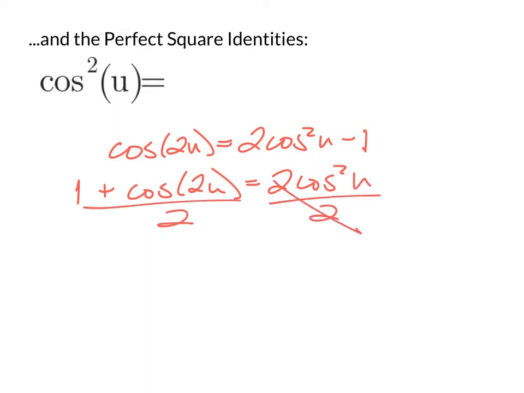And cosine squared of u is going to be 1 plus cosine of 2u over 2. It's kind of nice to have those similarities between sine squared and cosine squared. That sine squared is 1 minus cosine 2u over 2, and cosine squared is 1 plus cosine of 2u over 2.